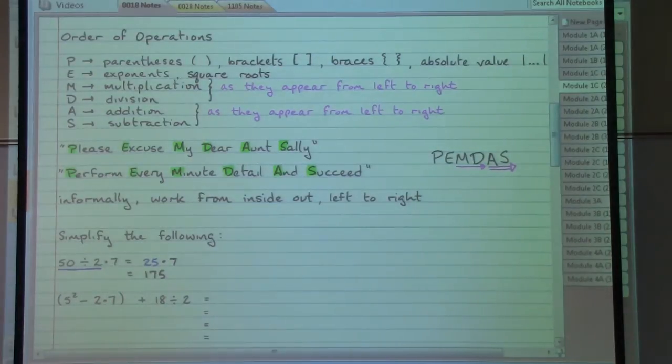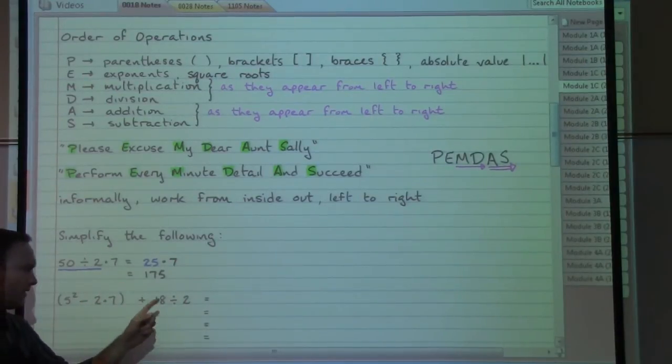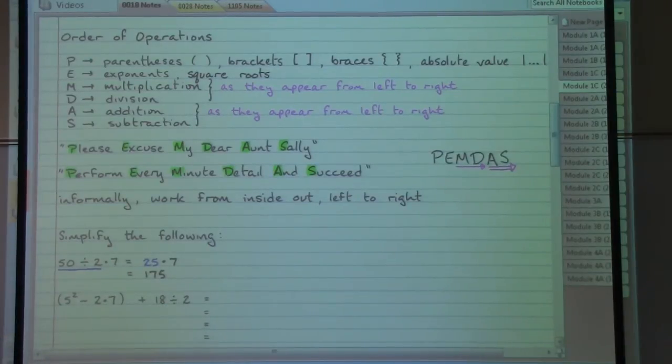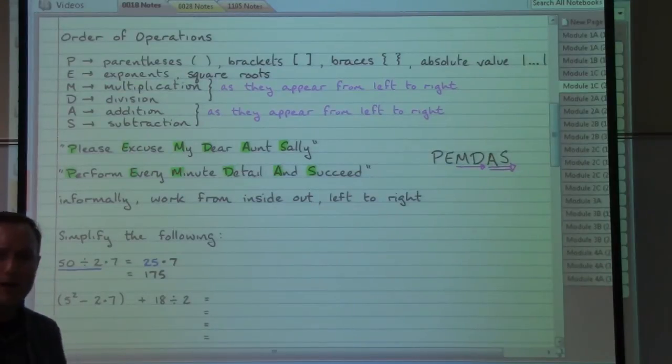In this particular example, when we read through things, again, we can be very deliberate about this. Parentheses, 5 to the power of 2 minus 2 times 7, parentheses, plus 18 divided by 2. Based on what we read, back at the beginning of our order of operations, we have parentheses that show up.